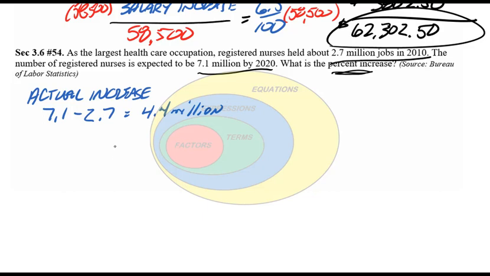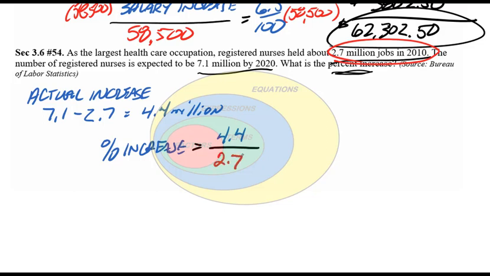To find the percent increase, I take the actual increase, which is 4.4, and divide it by the original amount. The original amount would be the starting amount, the 2.7 million jobs in 2010. So 4.4 divided by 2.7 is equal to 1.629629, and then a bunch more.